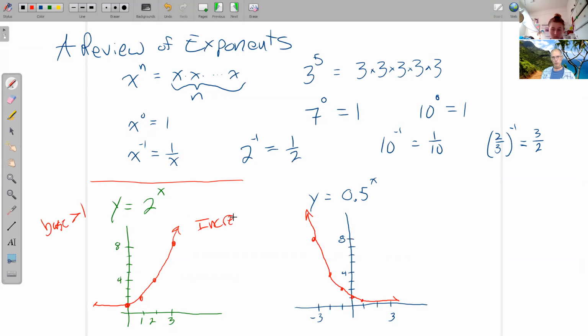It goes uphill to the right. And if I have a base, in this case over here, that is less than 1, then I get this curve that drops down. It's called a decreasing curve. These are all things we looked at last week, aside from maybe the power negative 1. Quick review of exponents.